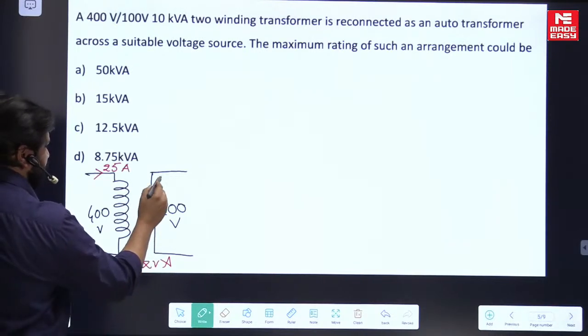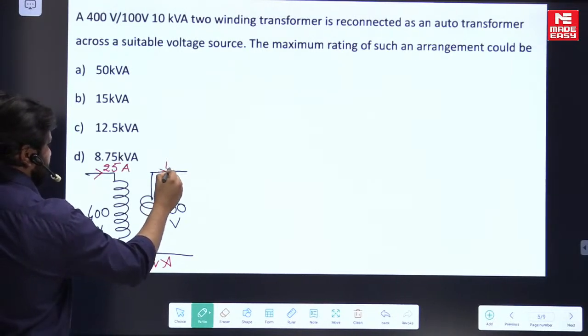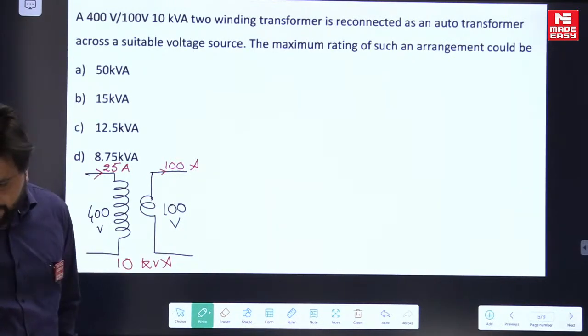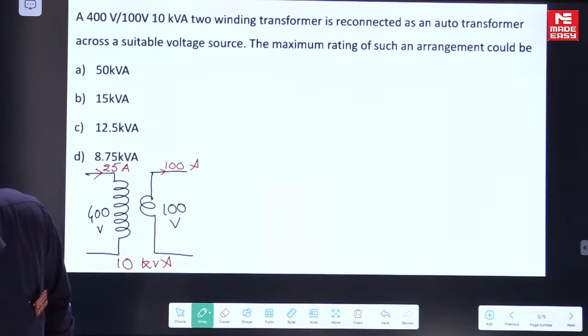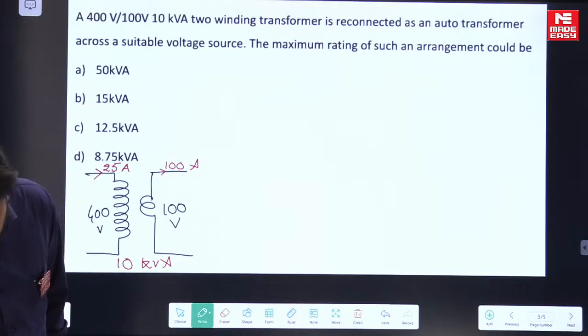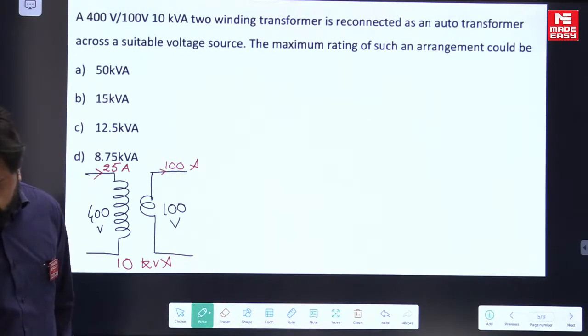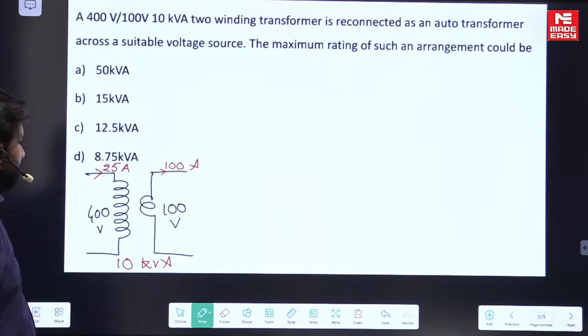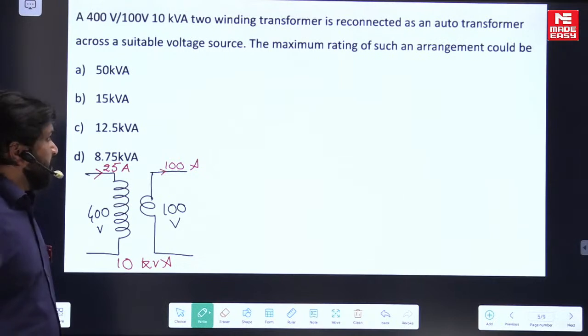For 10 kVA at 100 volts, the current rating here is 100 amperes, you can say.